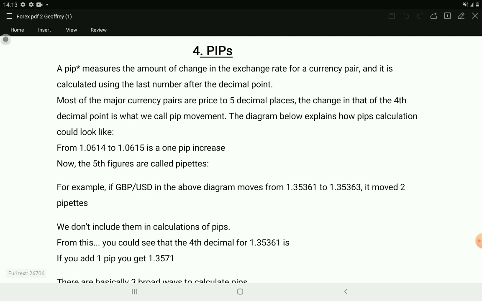This is for you to know, because some currency pairs have 5 figures, some even 6 figures after the decimal point. But as a forex trader, you will know that immediately after the 4th decimal point is where you start calculating your pips. Any other numbers behind will be neglected, because they are called pipettes.